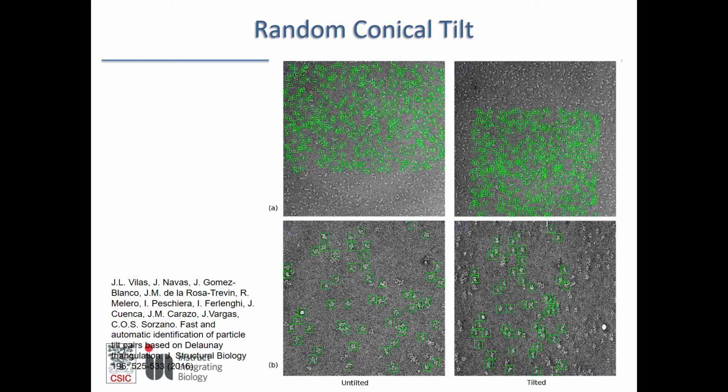The idea is that you take two micrographs, one at 0 degrees and another tilted by 50-60 degrees. The first thing you need to do is find the correspondences between points.